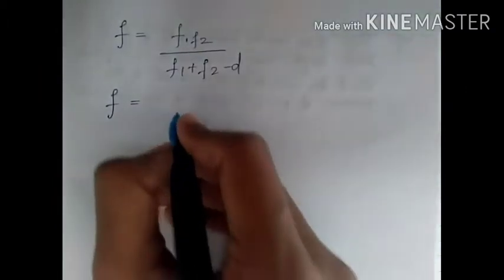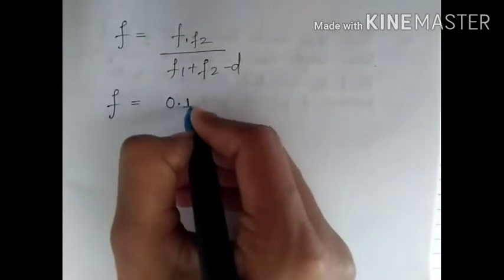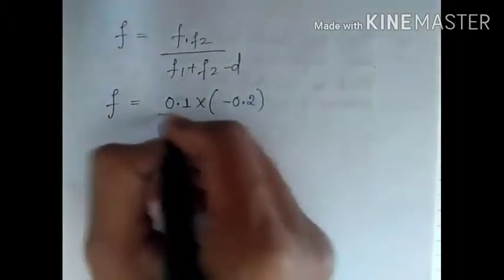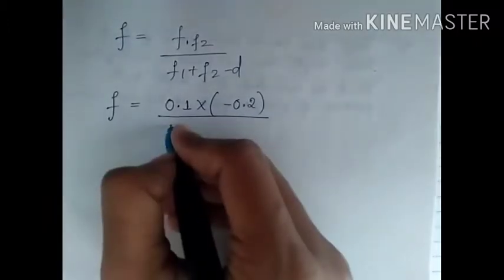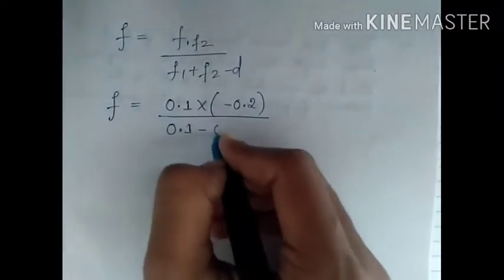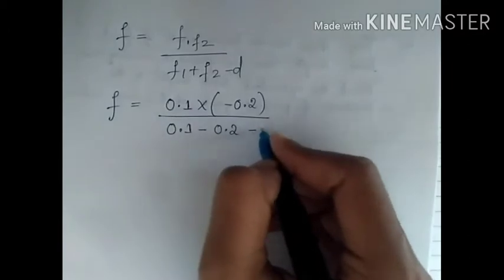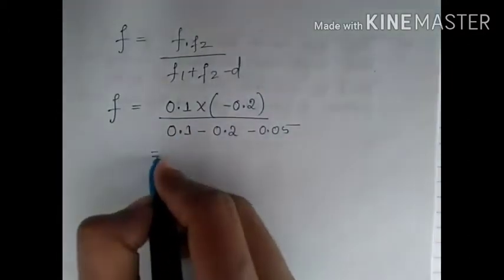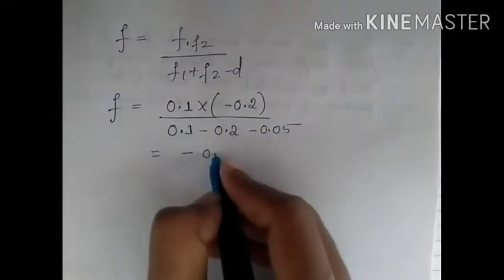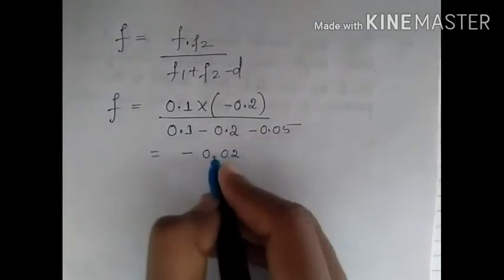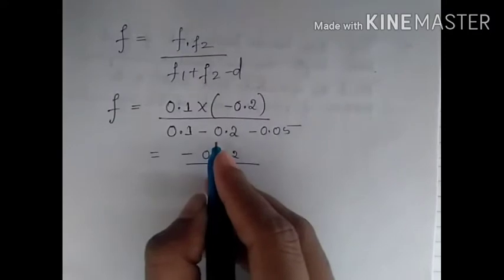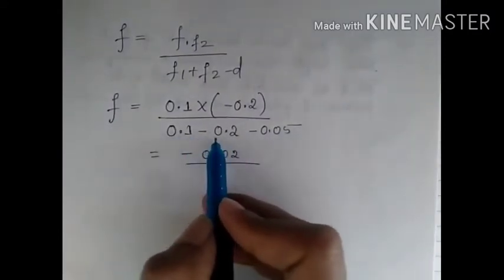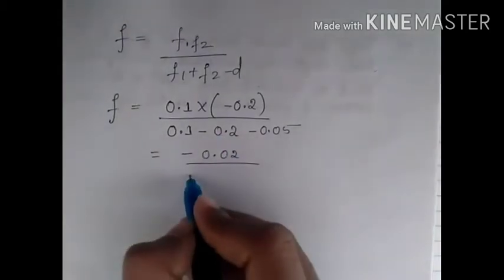F1 is 0.1 and F2 is minus 0.2, divided by F1 is 0.1 minus 0.2 minus 0.05. So this will be minus 0.02. And here you have 0.2 minus 0.1 is minus 0.1.